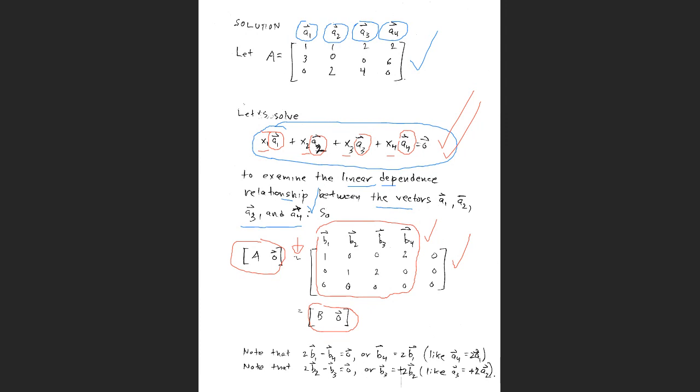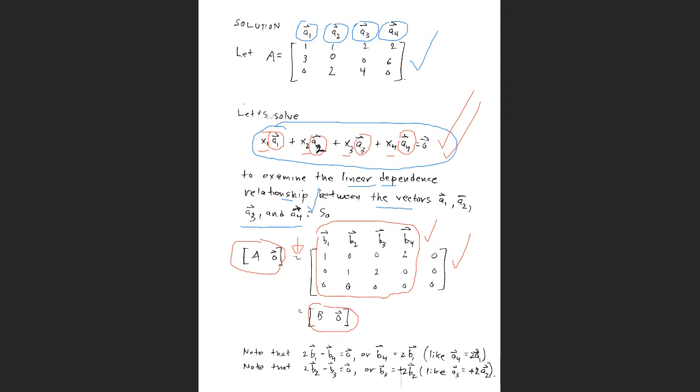Well, you'd have to check if the vectors were all linearly independent. And if not, what are the dependence relationships among the vectors? If there are dependence relationships, you need to find them so you can determine what vectors you can exclude from the set for you to have a basis.